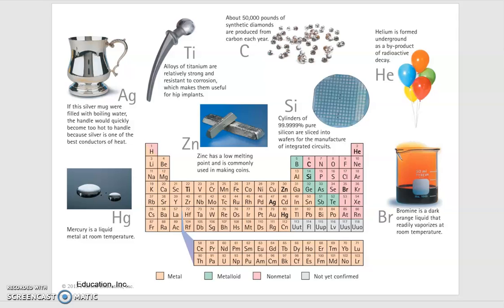Now let me give you a very general introduction to the periodic table. This is the one you will see at the end of your textbook. It is a list of all the elements we know.